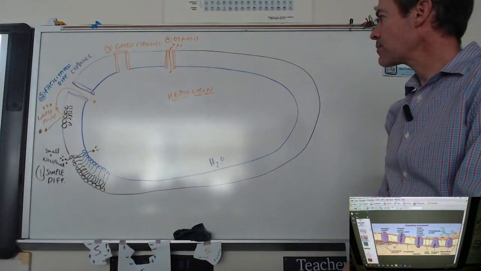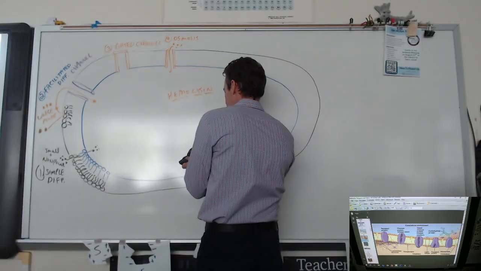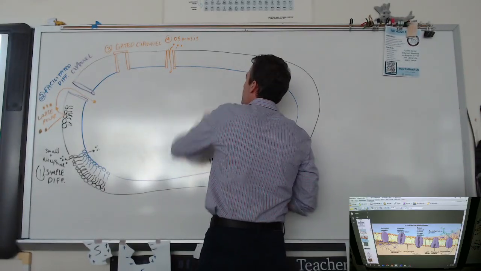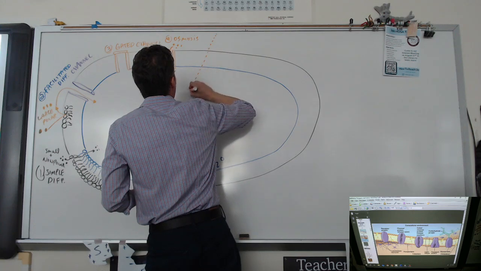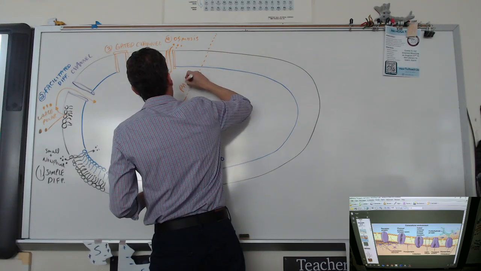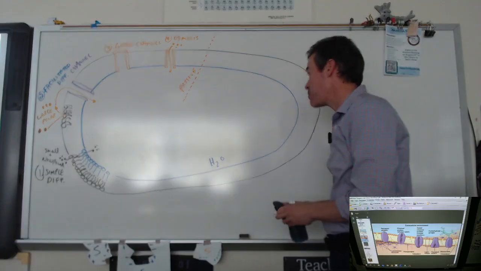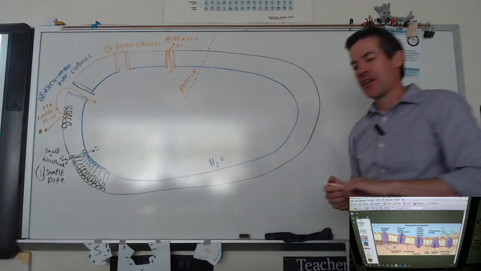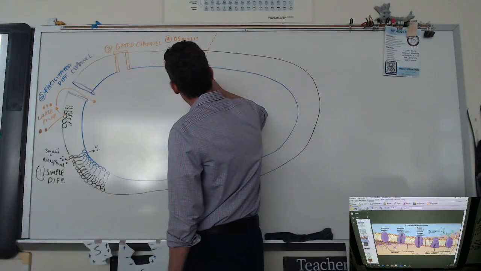All right, cool. So now, so far, everything that we have up here at this point is passive transport. Everything up until now is passive transport. Everything after this is going to be active transport.